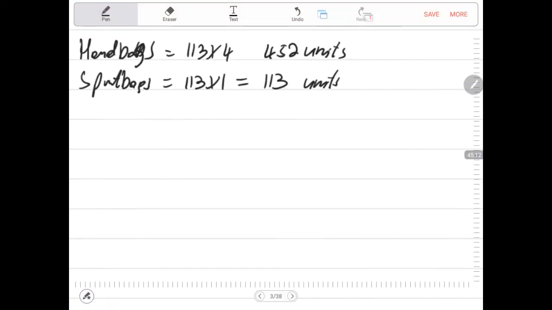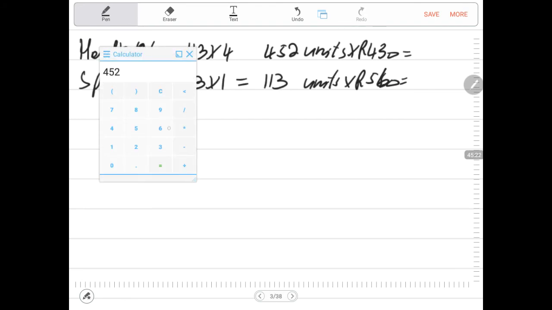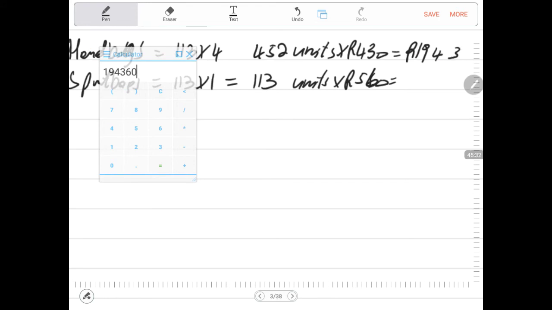So we multiply here by 430 and here by 560. We get to 194,360.